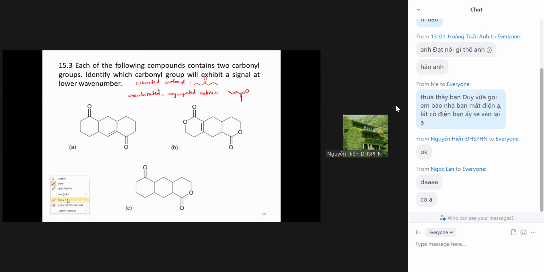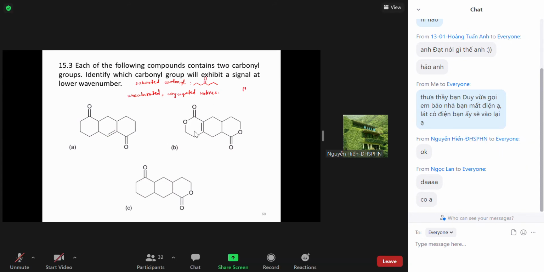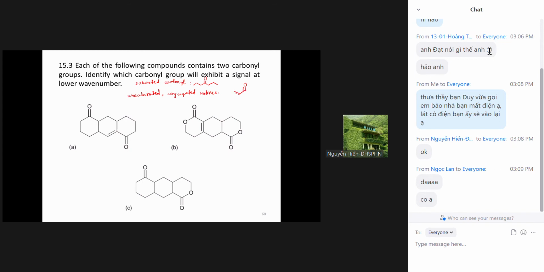My picture is so bad. So I make another one. So this is the conjugated system. And if you remember, we use resonance structures in order to explain the difference between the wave number of these two kinds of carbonyl compound.